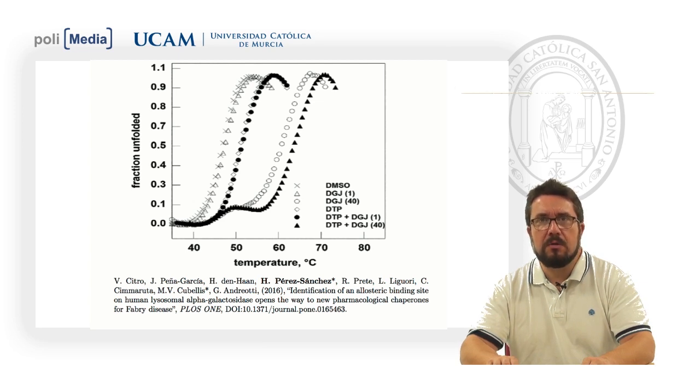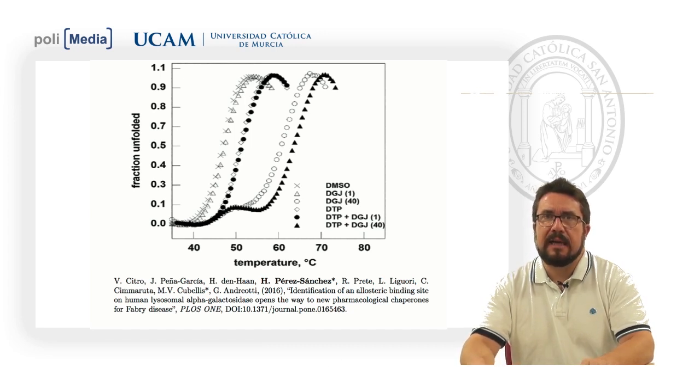So we need molecules that increase this interval of temperature. It would mean that these molecules can really stabilize the misfolded structure of the enzyme in cases where patients have mutations. So DJG can stabilize, we can see there, almost 20 degrees.